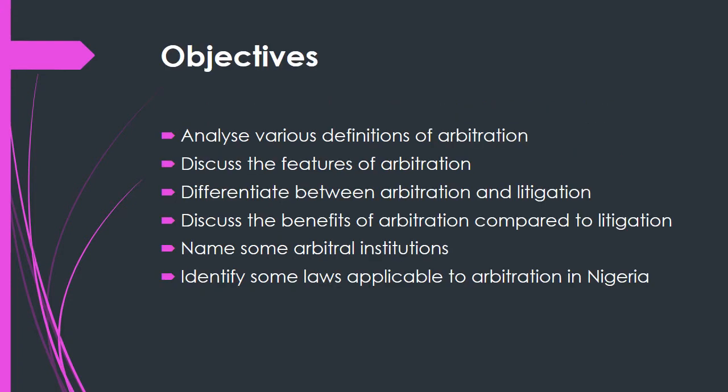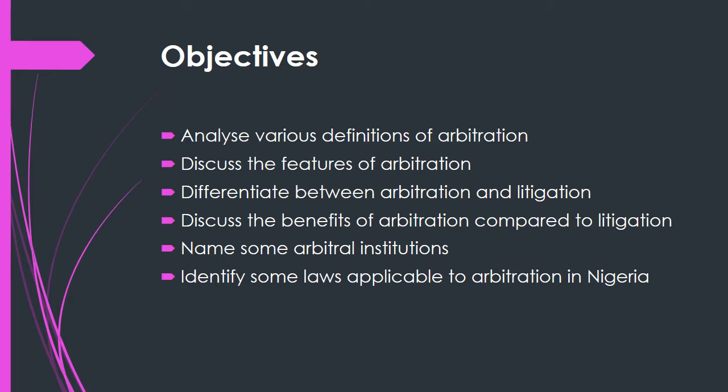Okay, the objectives of this course. You can see we have quite a number of objectives, but all the objectives for this particular topic we cannot take in this lesson. So what we have done is to break this lesson into two: lesson 1A and lesson 1B. In lesson 1A, we will take the first three objectives, which are to analyze various definitions of arbitration, to discuss the features of arbitration, and to differentiate between arbitration and litigation.